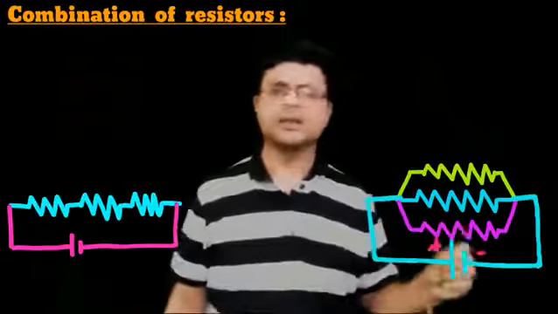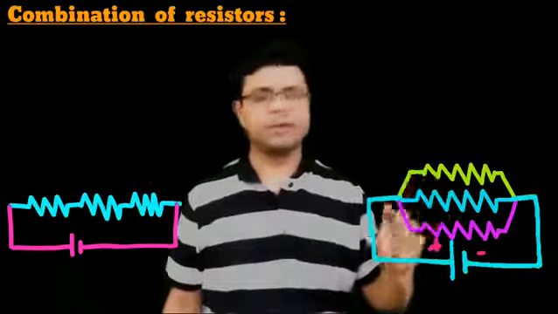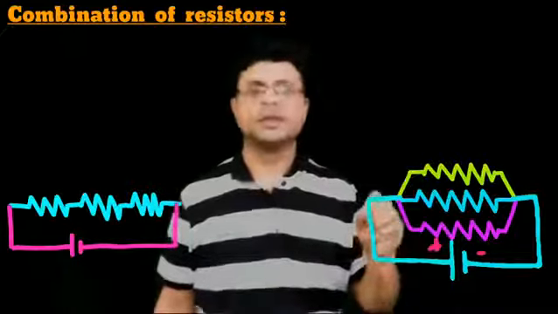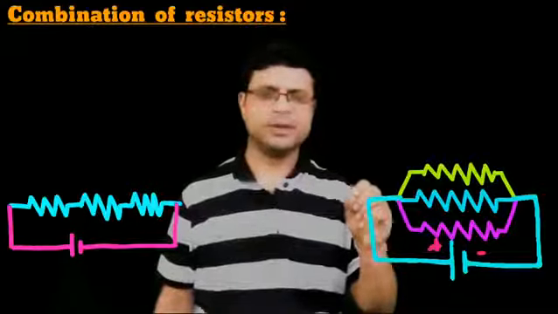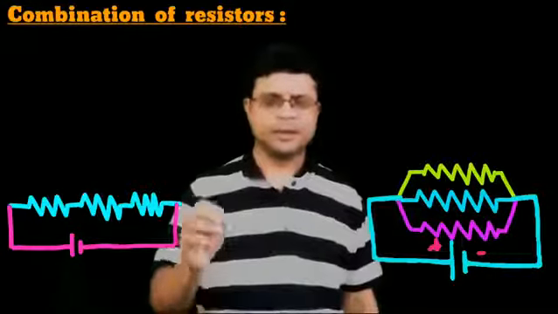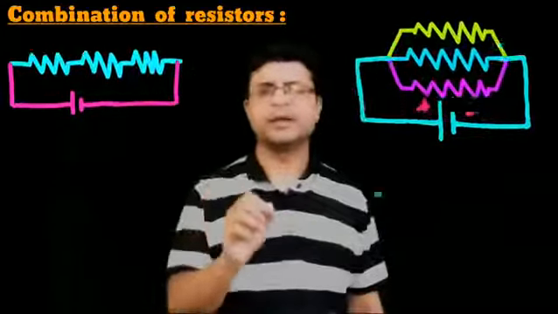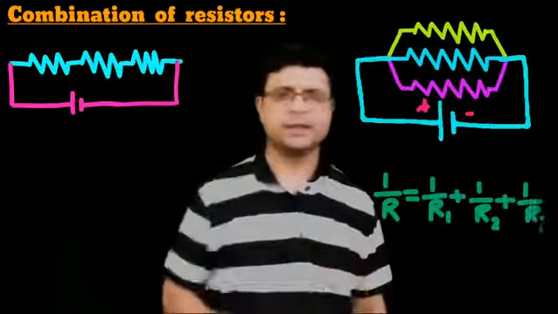Now, in the parallel connection, if we want to find the total resistance, it can be found like this. Say the total or equivalent resistance is denoted by the symbol R. Then R will be given by this expression: 1 by R equal to 1 by R1 plus 1 by R2 plus 1 by R3.